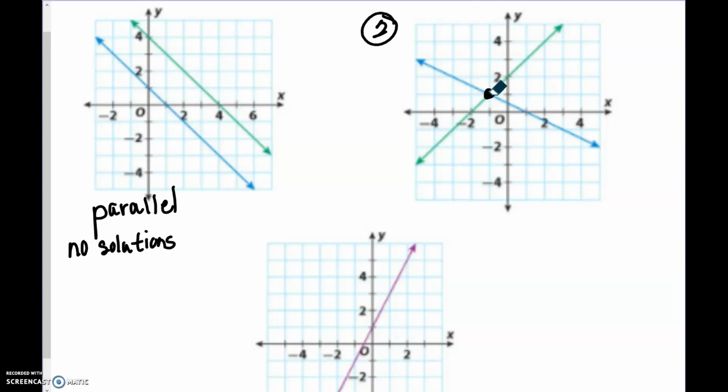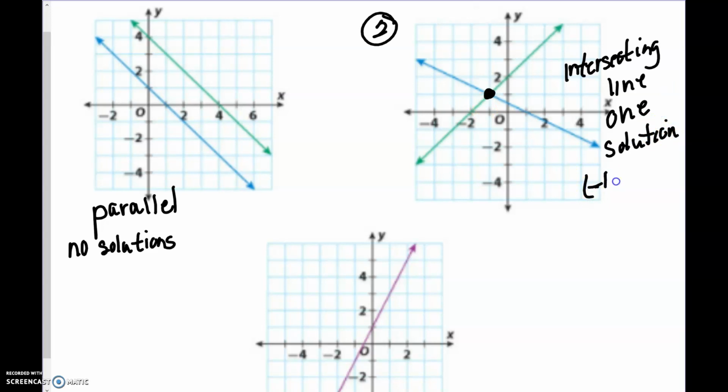If they intersect, so if we have intersecting lines, we have one solution. And in this particular case, it is already graphed, so we can tell you what that one solution is, and that ordered pair is negative 1, 1.